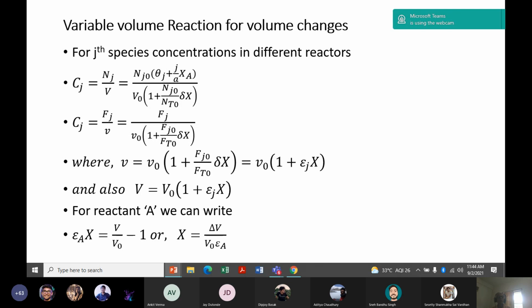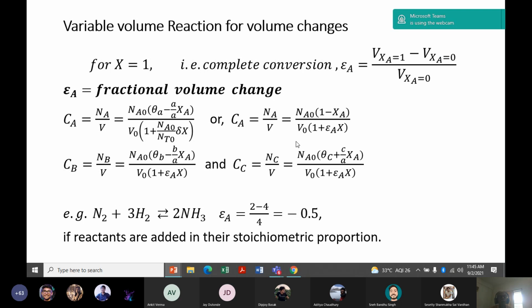Epsilon is equal to, based on x equal to 1, delta V by V0. So this expression is available in Levenspiel book. Epsilon A is V at xa equal to 1 minus V at xa equal to 0, by V at xa equal to 0. And epsilon A is fractional volume change.